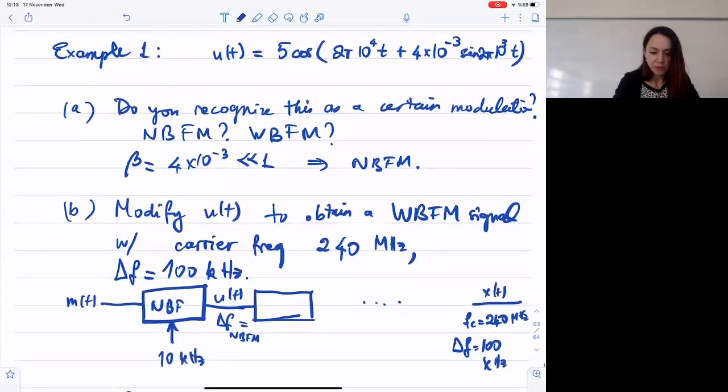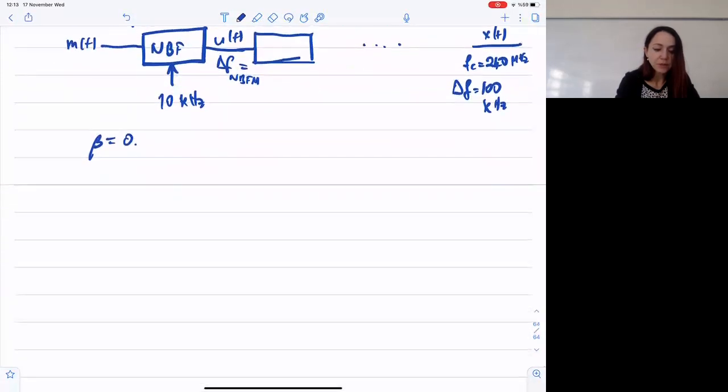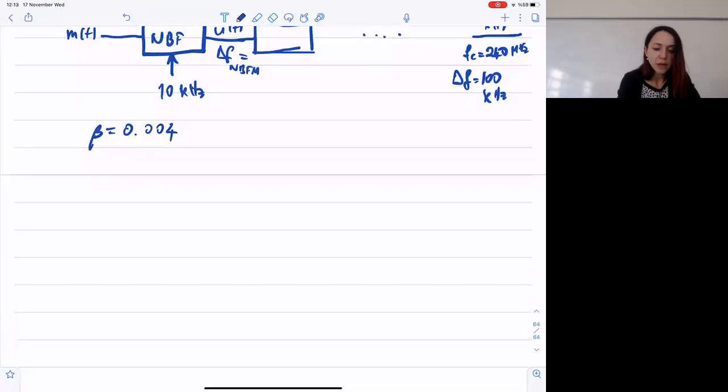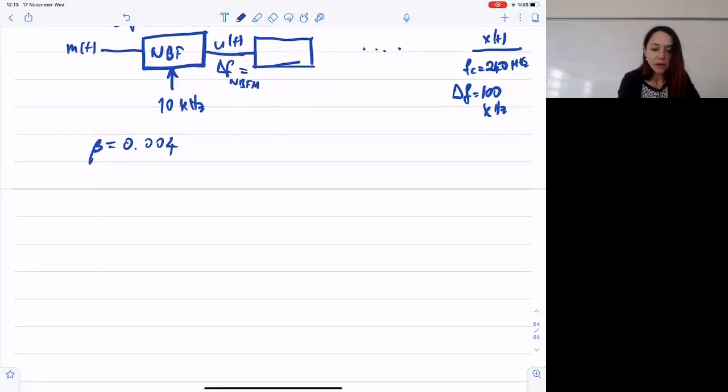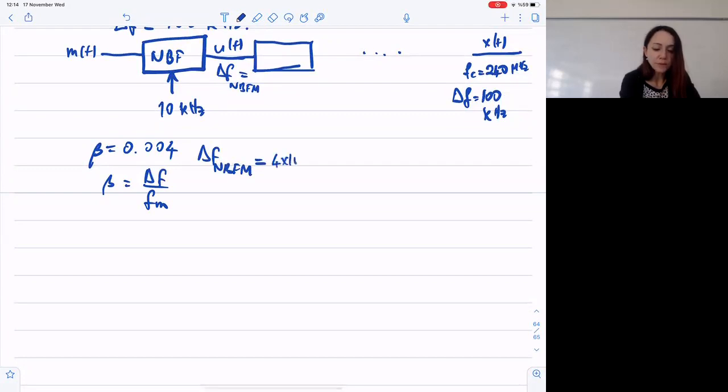What is the original beta? 4 times 10 to the minus 3. 0.004, right? And so beta is delta F over FM, right? So delta F narrowband FM is 4 times 10 to the minus 3 times FM.